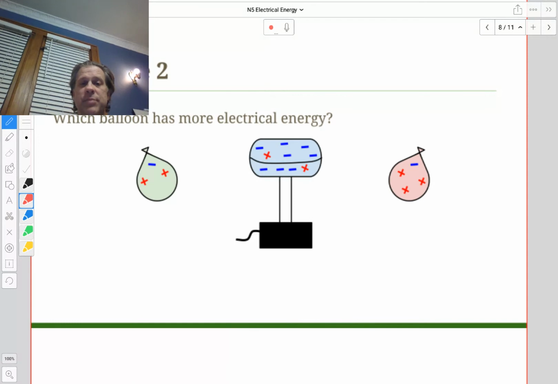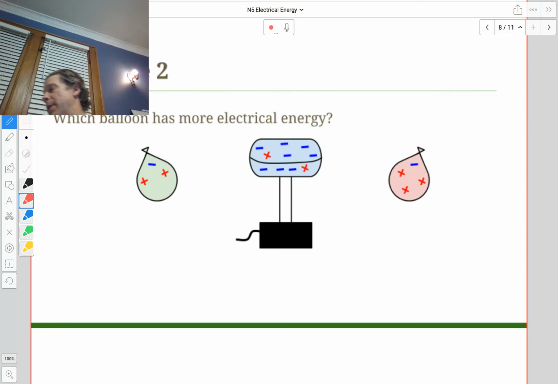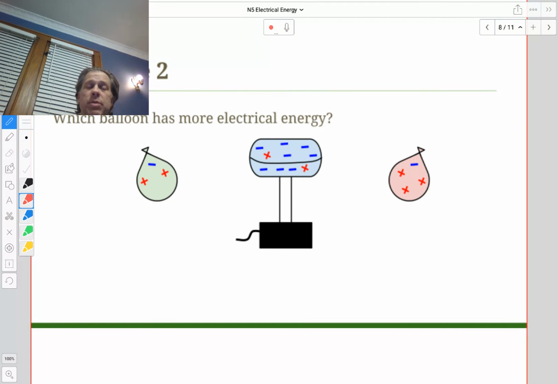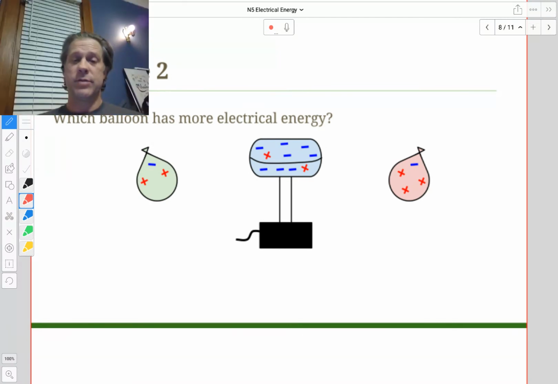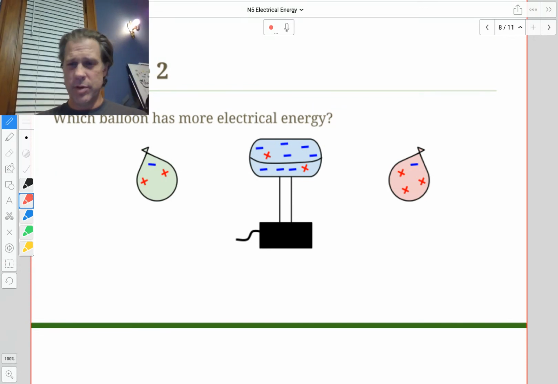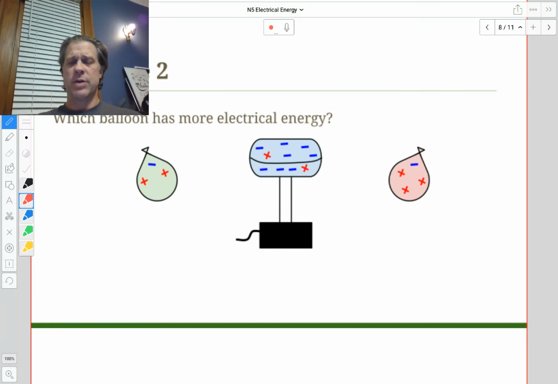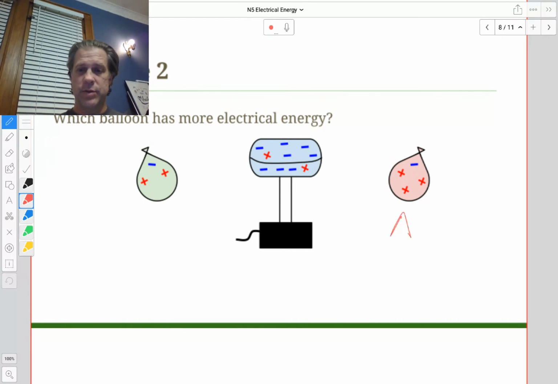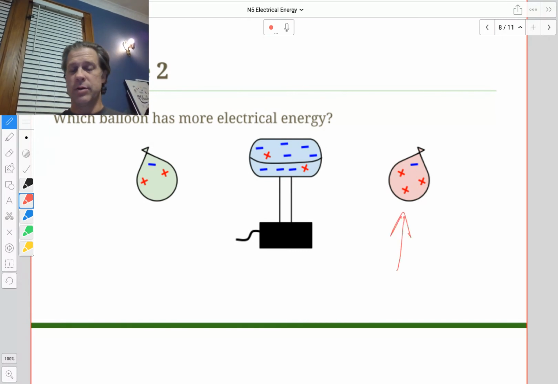Now, in this example, we are asking ourselves which balloon has more energy. We're going to take a look at the 2 balloons, and the balloon on the left, there's the cat again, has 2 positive charges and 1 negative charge, and the balloon on the right has 3 positive charges and 1 negative charge. So in this case, this balloon is going to have more electrical energy.